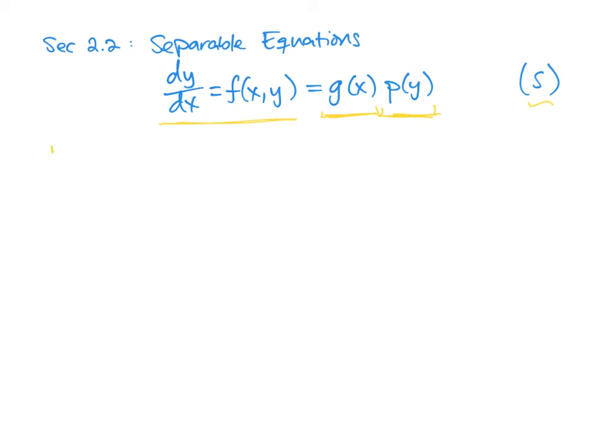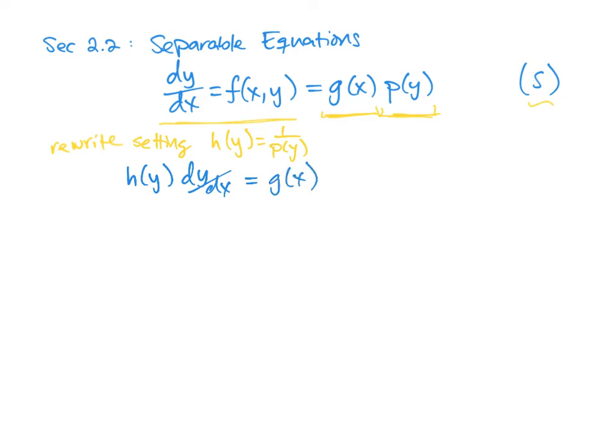So let's rewrite this. I'm going to define a new function, h of y, which is going to be equal to 1 over p of y. And that's because I'm going to divide by my p of y to get all the x's by themselves. And so what I have in this case is h of y dy dx equals g of x.